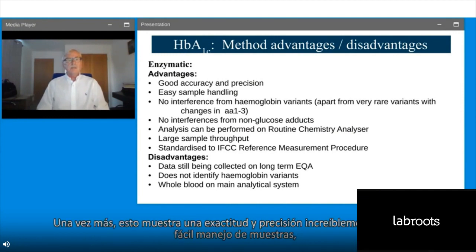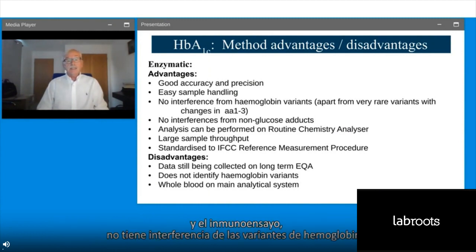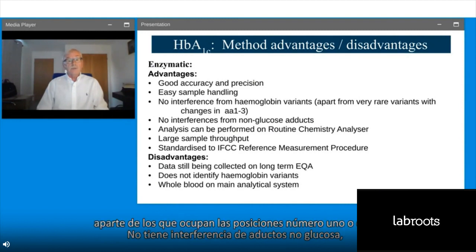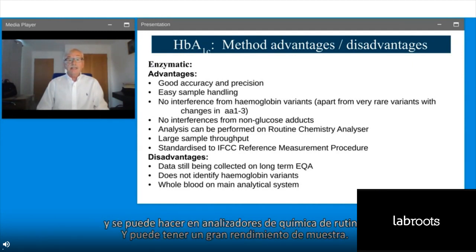Again, this shows incredibly good accuracy and imprecision, easy sample handling, and like immunoassay, has no interference from hemoglobin variants apart from those at positions number 1 or 2. It isn't interfered with by non-glucose adducts and can be done on routine chemistry analyzers, and it can have a large sample throughput.